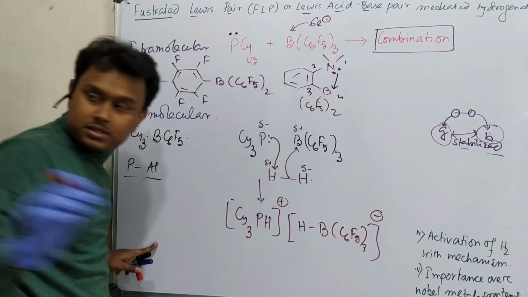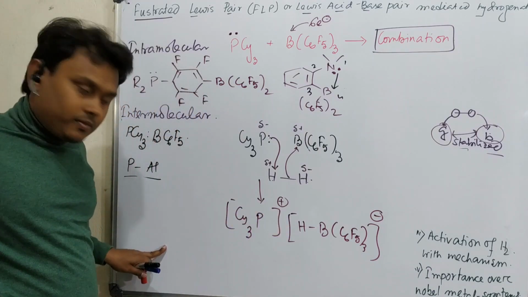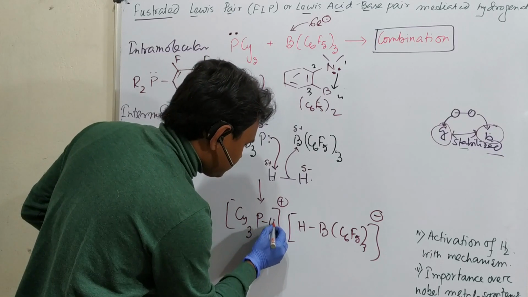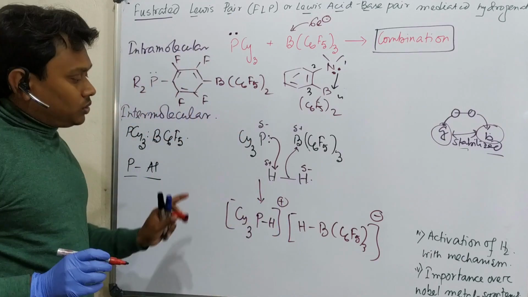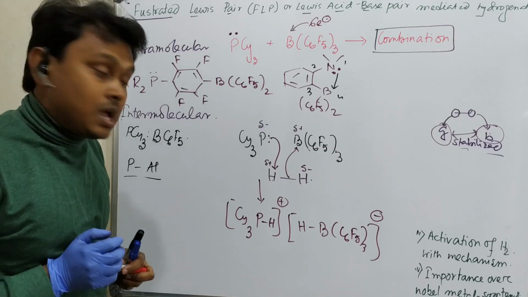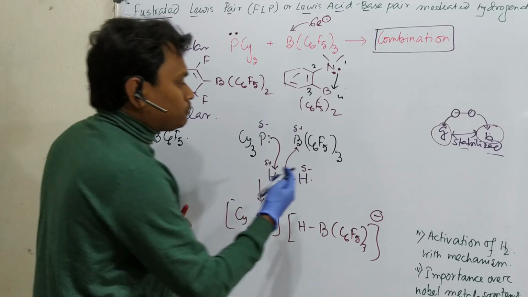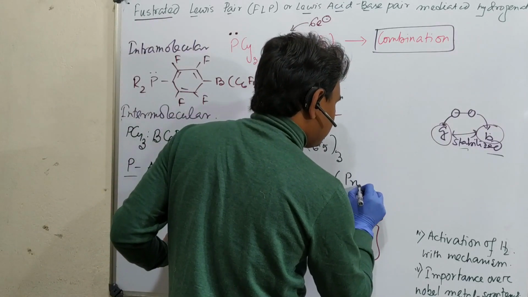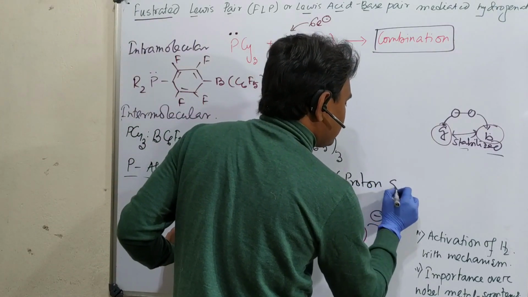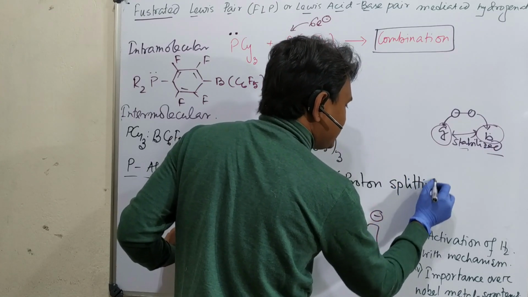It is better to write in this way. Fine. So now, what are we able to achieve? We are able to achieve the proton splitting, heterolytic splitting. What is the advantage?